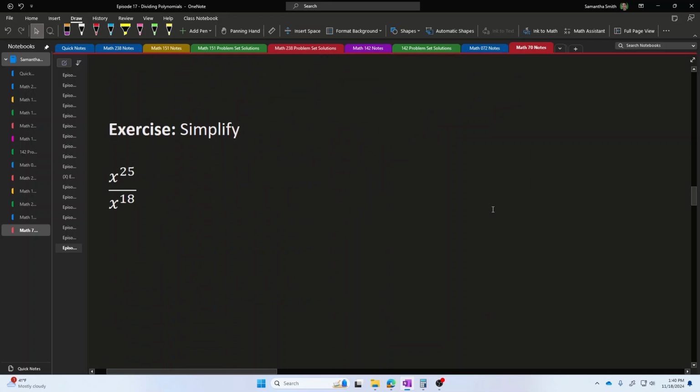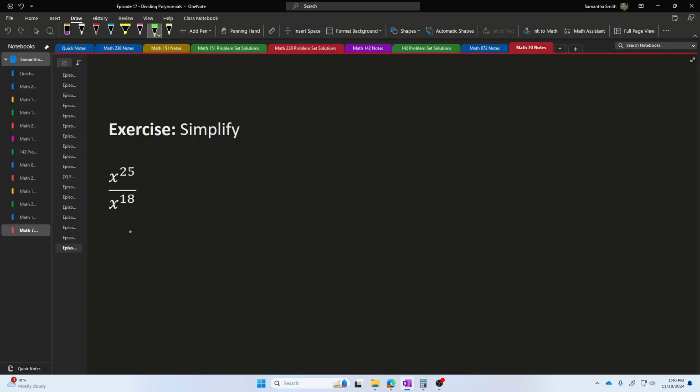So to give you an example of this property at work, suppose that I had x to the power 25 divided by x to the power 18. I really would not want to have to write out 25 copies of x in the numerator and 18 copies of x in the denominator.